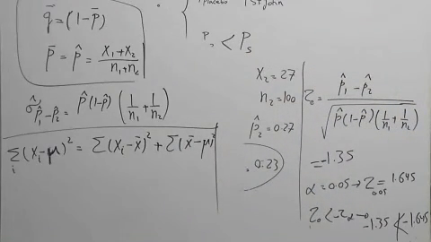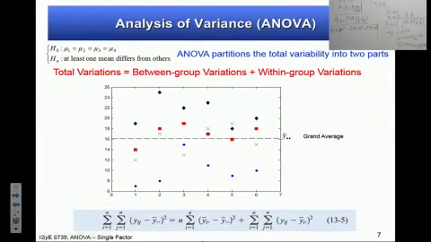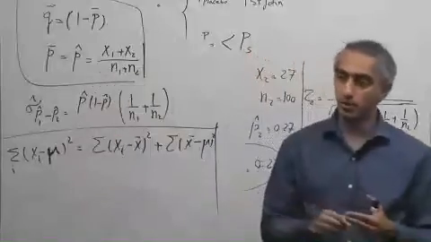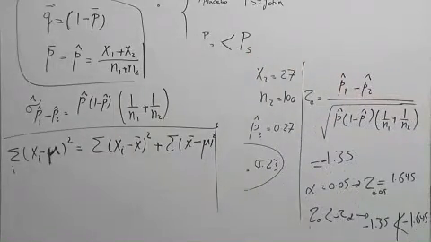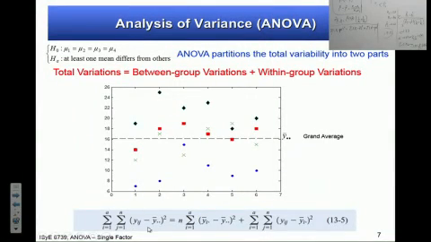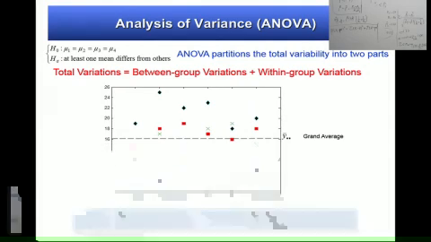So these two are very similar. We can show that this can be decomposed into two parts. This is very similar to this one, which is just for one population. This is for more than one population. But the interpretation is very important. So let's see what it means. This here is the total variation.